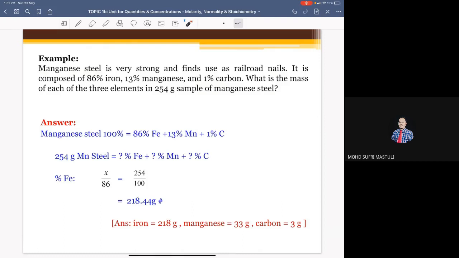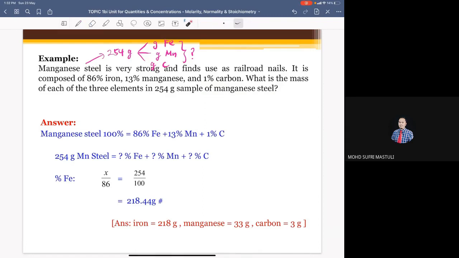Okay, so it's asking what is the mass of iron, what is the mass of manganese, and what is the mass of carbon. So you have to calculate.